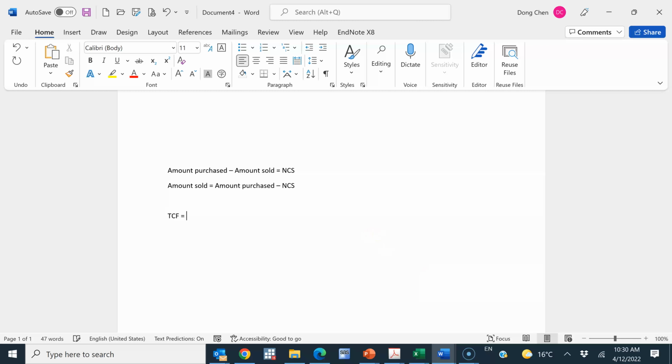Total cash flow should be equal to operating cash flow minus change in NWC minus net capital spending. So far, we have figured out the change in NWC and NCS. The only thing we need to figure out this total cash flow is the operating cash flow.